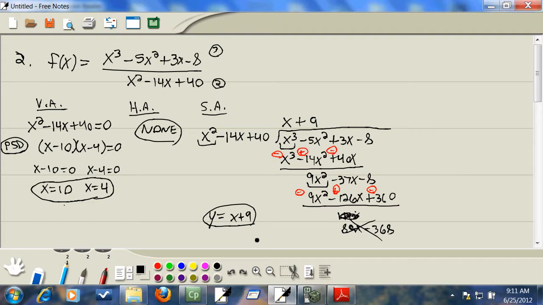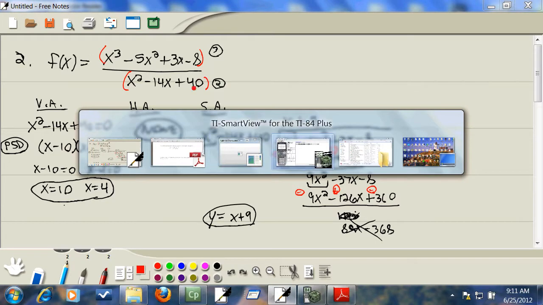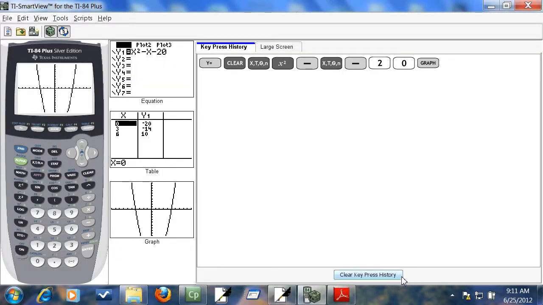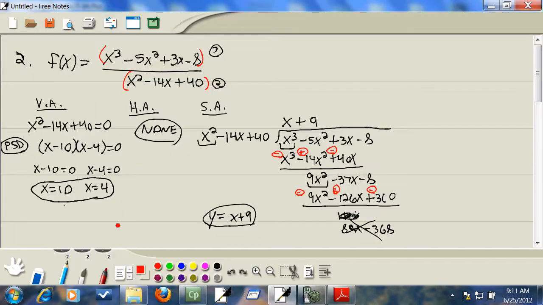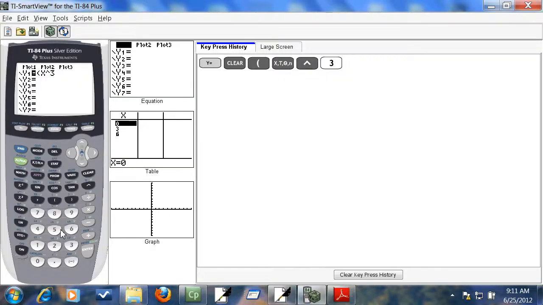Last thing is to actually graph this. The key to graphing these is to put parentheses around the top and parentheses around the bottom. And we're just going to use our graphing calculator to do this. So I press y equals, clear, beginning parentheses, x caret 3 minus 5x squared plus 3x minus 8.